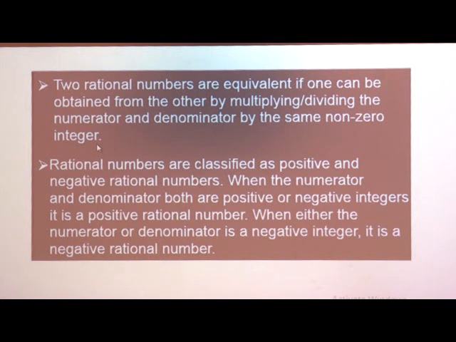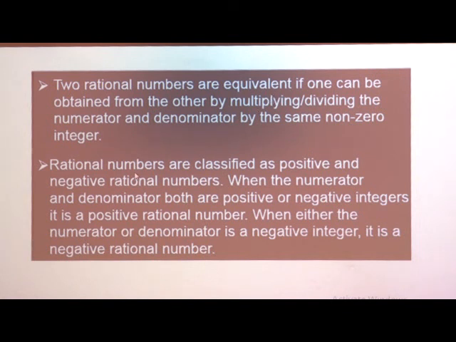If you are multiplying the denominator by 3, the same 3 you multiply in the numerator. So, in this way we can find rational numbers which are equivalent to the given rational number.